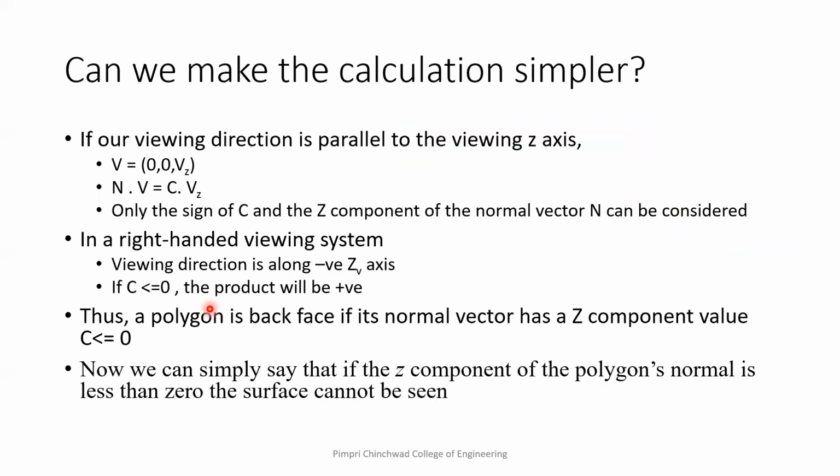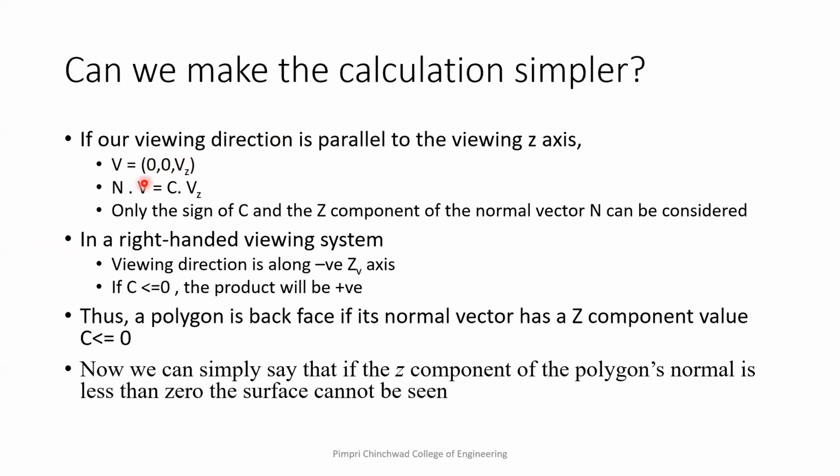Right? So can we make this calculation simpler? If our viewing direction is parallel to the viewing z-axis, what will be the vector value for the viewing vector? The x value will be 0, y value will be 0 and the z value will be vz because it is parallel to the viewing z-axis.